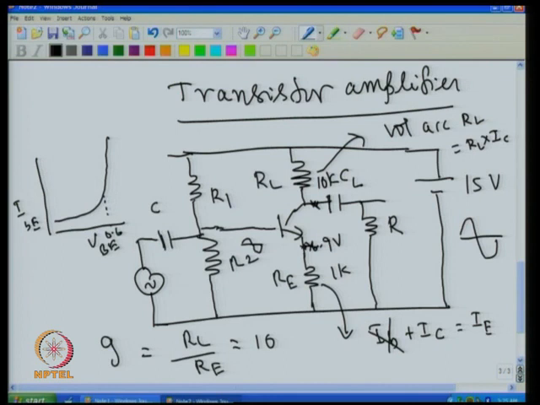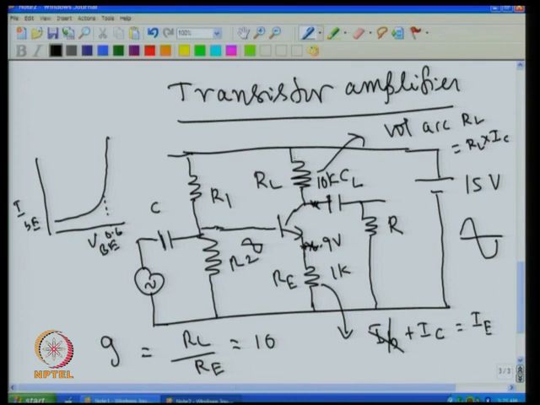Now we have to fix this R1 and R2. If this is 1K, and I want to keep this one at 7.5 volt, that is the midpoint of the power supply, because the power supply is 15 volt, I want to keep this at 7.5. Then if this voltage is fixed, automatically the voltage across this is fixed, that is 7.5.